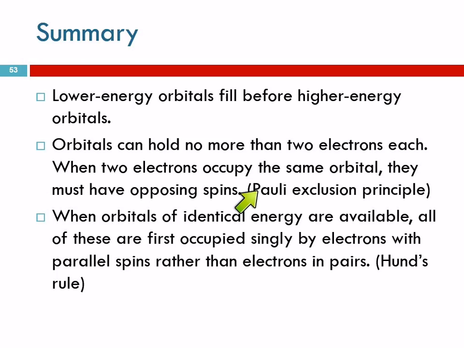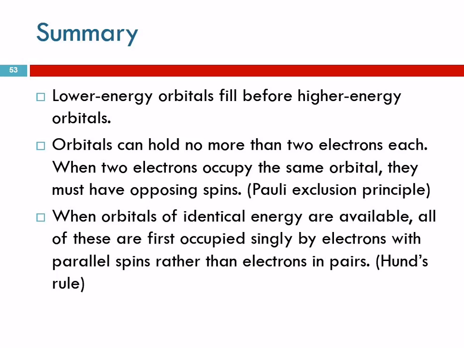That's the Pauli exclusion principle. In the hotel, each bed can only have up to 2 electrons, and if there are 2 people in the bed, they have to sleep head to toe. When orbitals of identical energy are available, all of these are first occupied singly by electrons with parallel spins rather than electrons in pairs, and that's called Hund's rule.